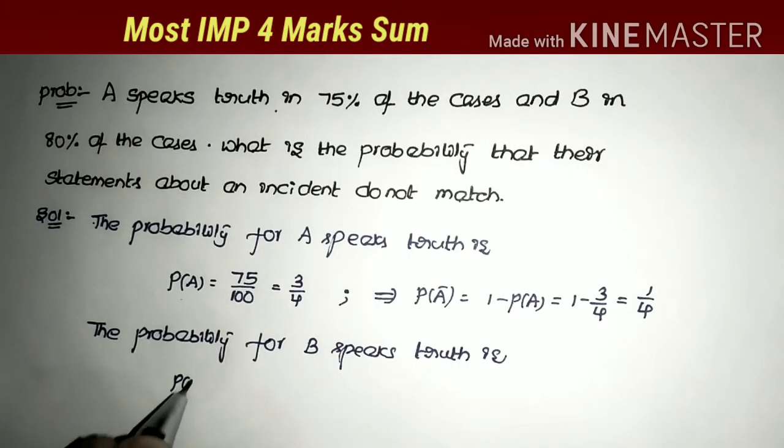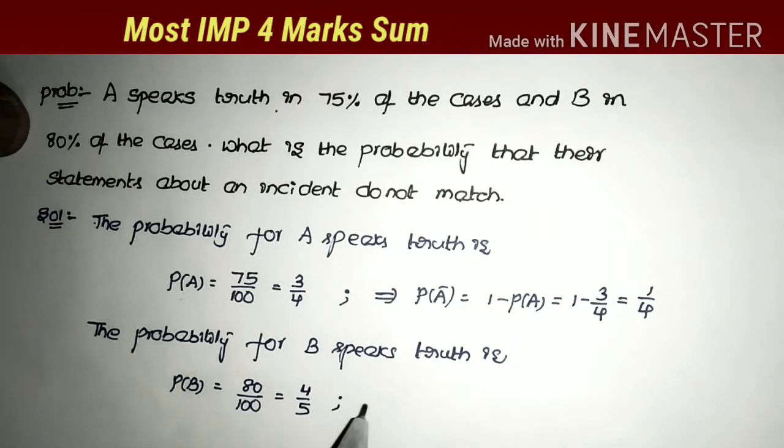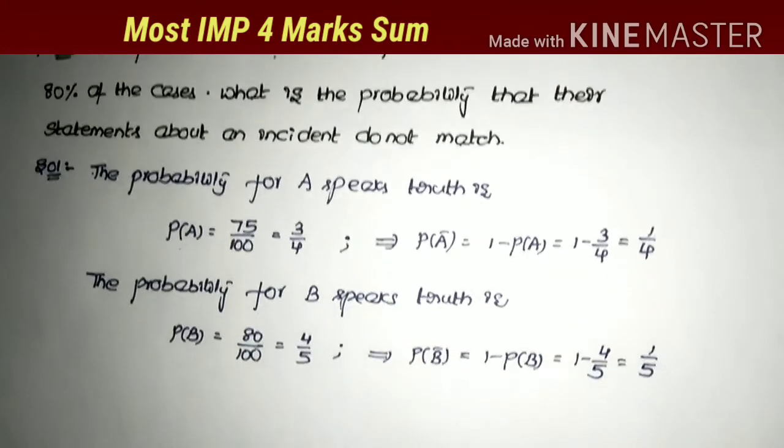P of B is equal to 80%. 80% means 80 by 100. Now taking 20 table cancellation we get 4 by 5, which implies P of B bar is equal to 1 minus P of B, that is 1 minus 4 by 5, which is equal to 1 by 5. Now these are the given values.